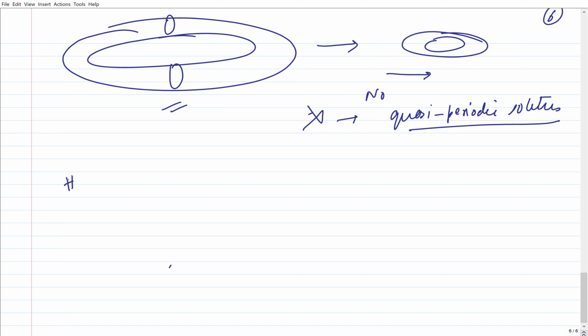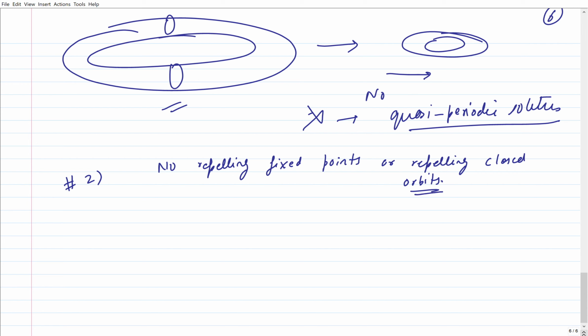So the consequence number 2 is that there are no repelling fixed points or repelling closed orbits. That means all trajectories near the fixed points or the repellers are driven away.